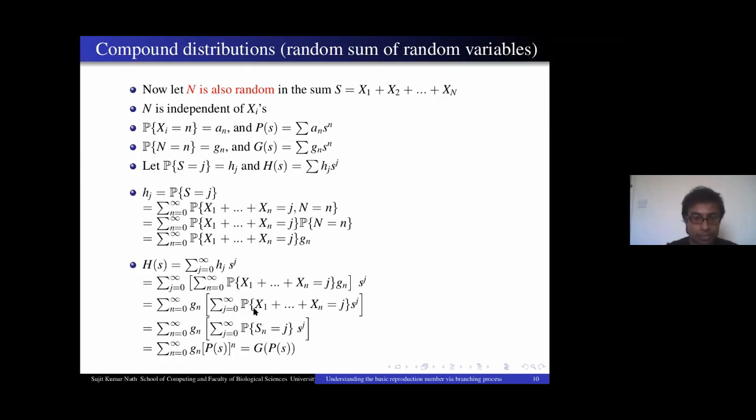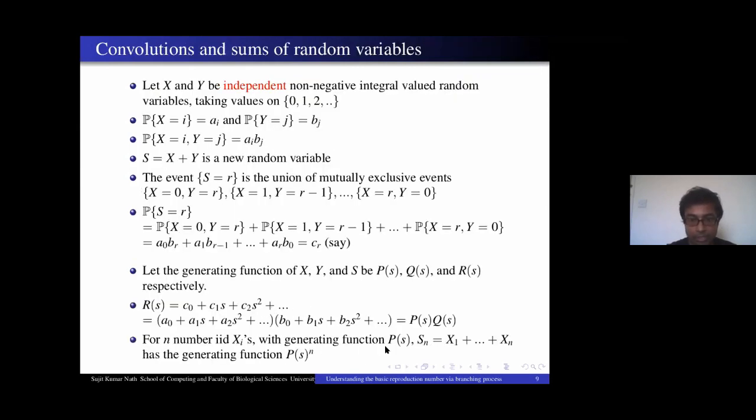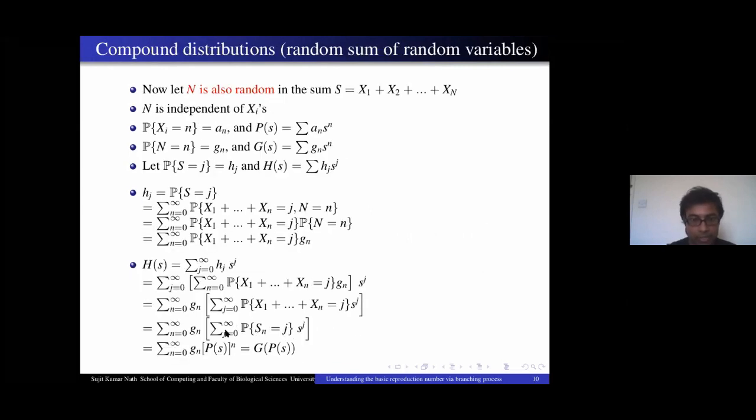Now we have seen that the summation of a deterministic number of random variables, Sn, has generating function P(s) to the power n, when the number of terms is deterministic n. So it has the form P(s)^n, and with every P(s)^n is multiplied gn and summed over n.